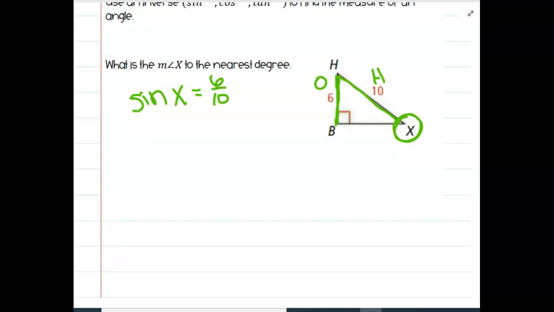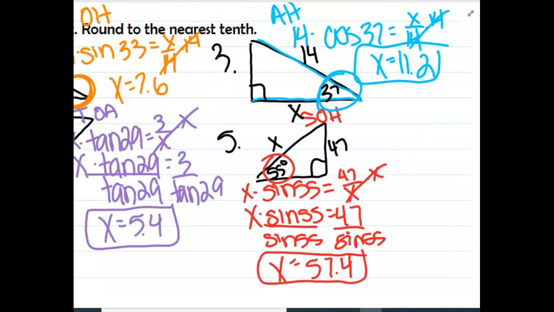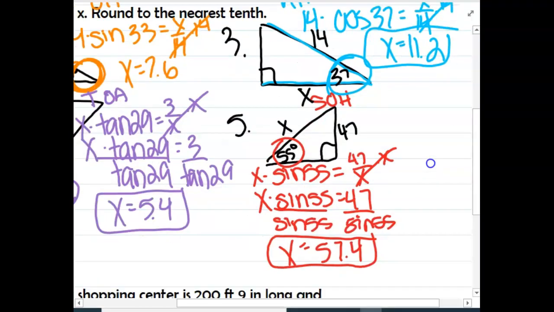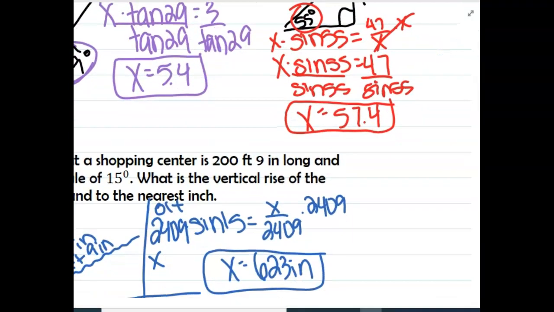Now yesterday, there were times where we had to divide by sine of 12 or divide by tangent of whatever. And you might be tempted to do that here, but remember the reason why we did that yesterday. When I was solving for x, it was x times sine of 55. Sine of 55 is a value.